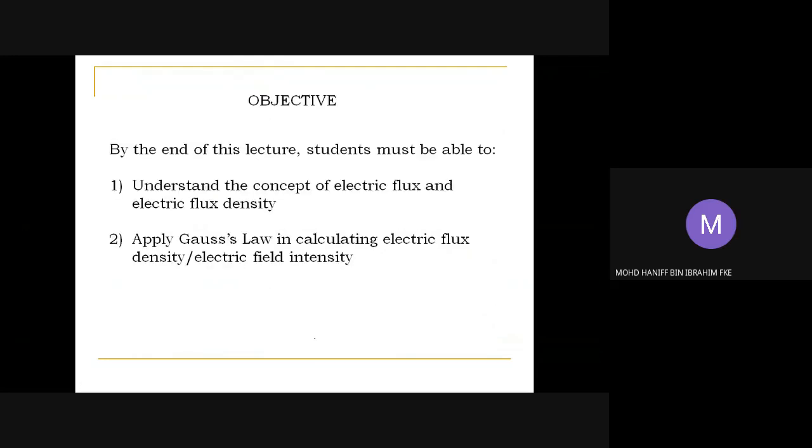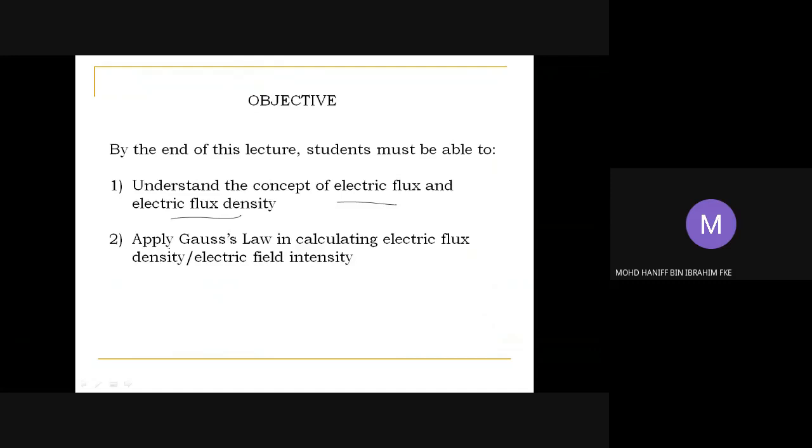Okay, so that should be the objective, which is related to the motivations that we have seen previously. Number 1, we want the student to be able to understand the concept of flux and flux density. So that should be two concepts that need to be understood clearly.